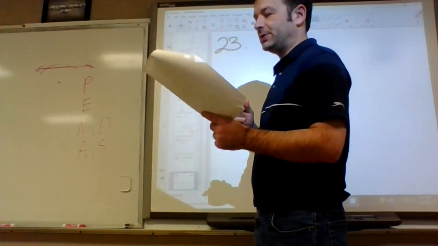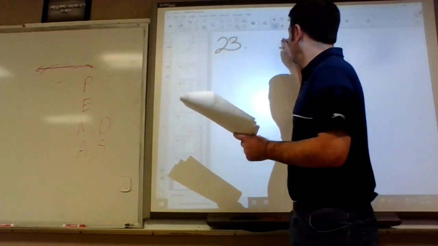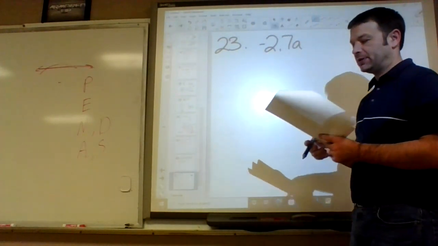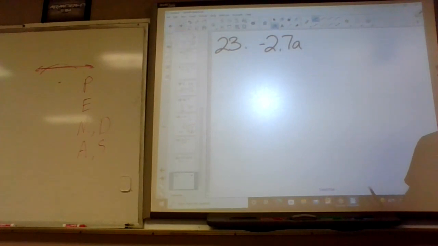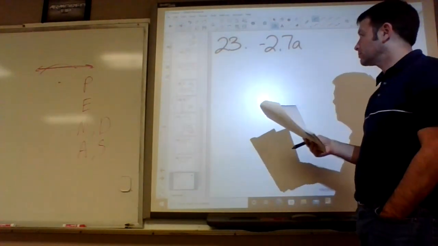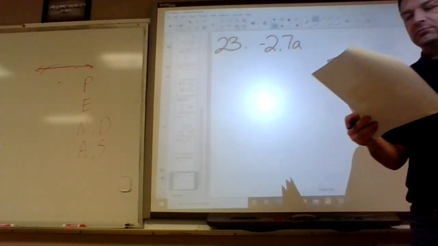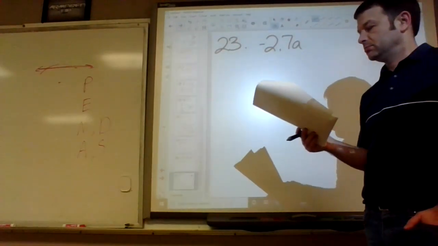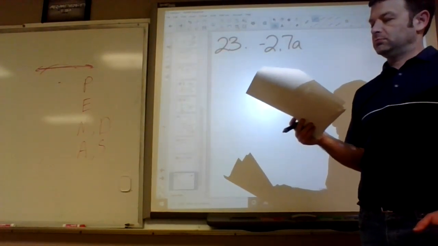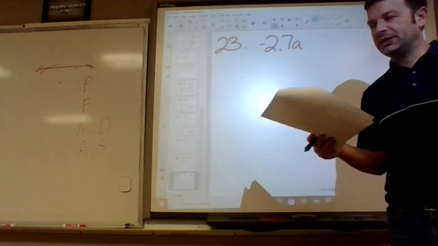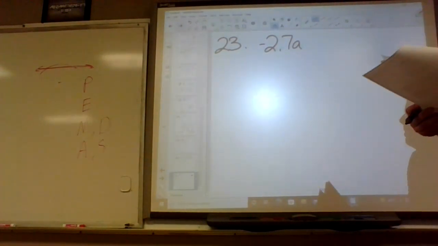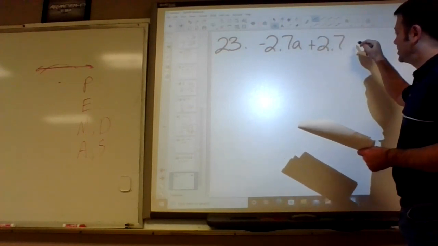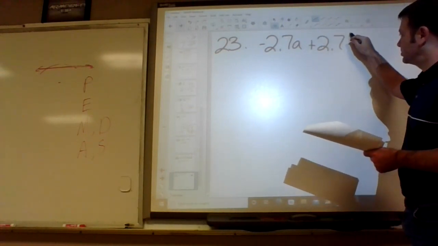So negative 2.7 times A would be negative 2.7A. And then what would come after that? The B. Negative 2.7 times negative B would be positive 2.7B.